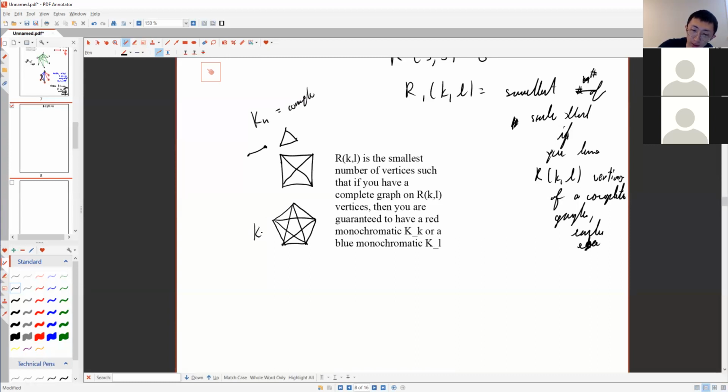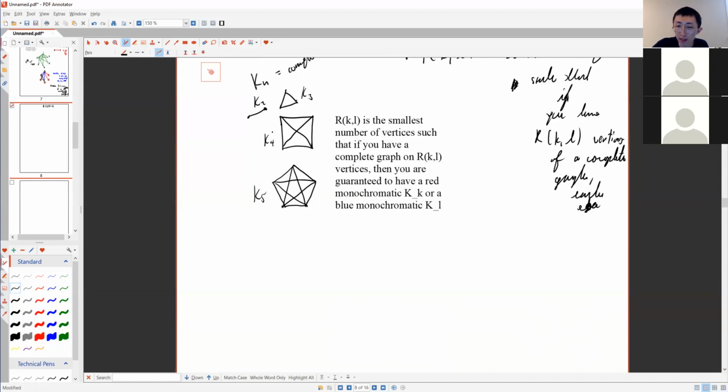So this number is the smallest integer such that when you have this many vertices and color each edge red or blue, you're guaranteed, no matter how you color it, to have a red K_k, a complete graph on k vertices, or a blue K_l, a complete graph on l vertices.